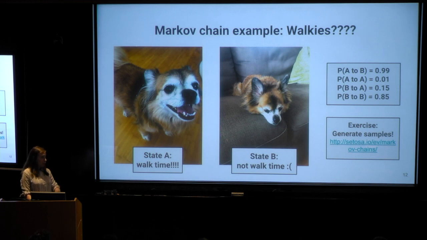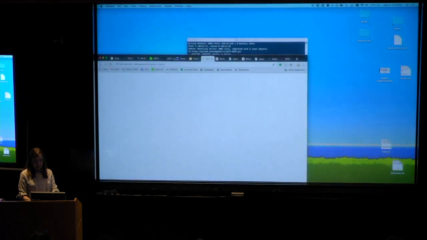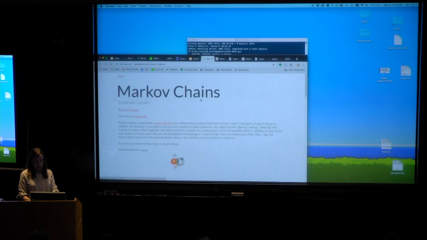So we can take this as a two-state Markov chain. And I'd like to take a little break for an exercise here, which is this website. For those of you who have laptops out, this website is a very fun demonstration of what Markov chains look like.